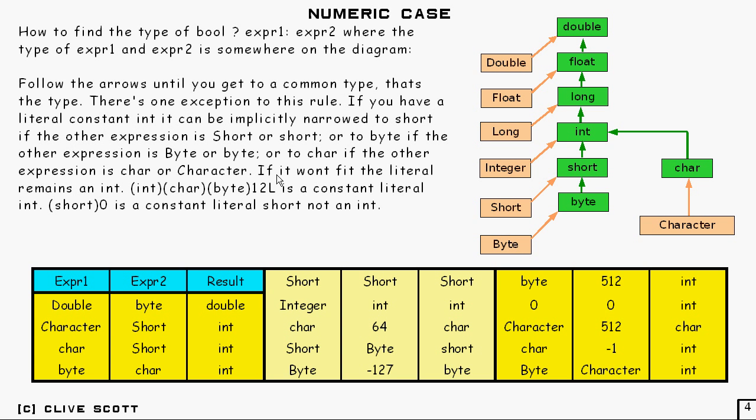And it's implicit narrowing, of course, so it won't be done unless it fits. So it'll have to fit the appropriate type. If you're going to narrow it to byte, it had better fit in a byte, because if it doesn't fit, it won't be narrowed and it will stay as an int.